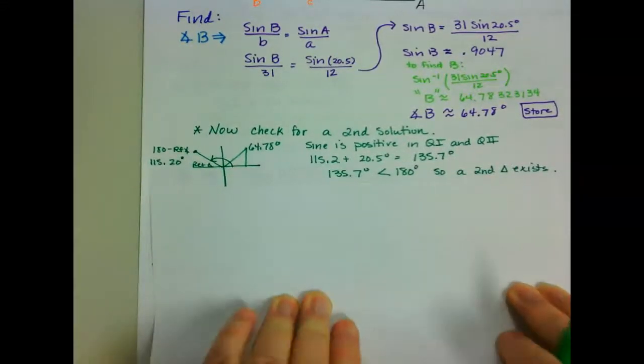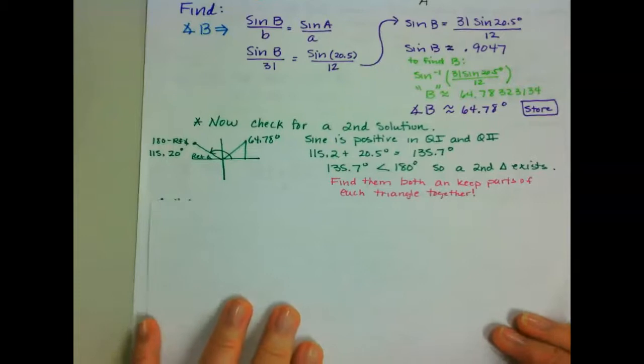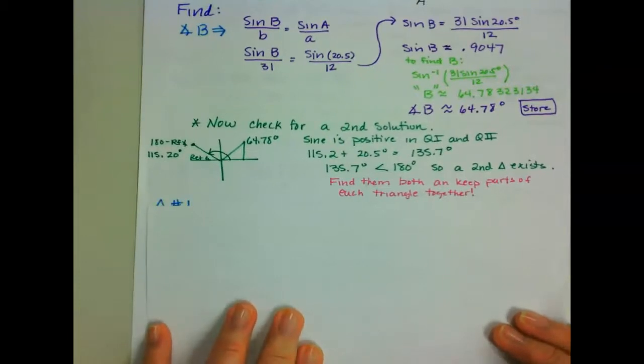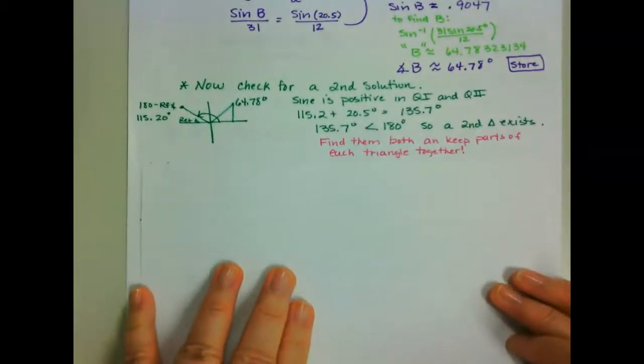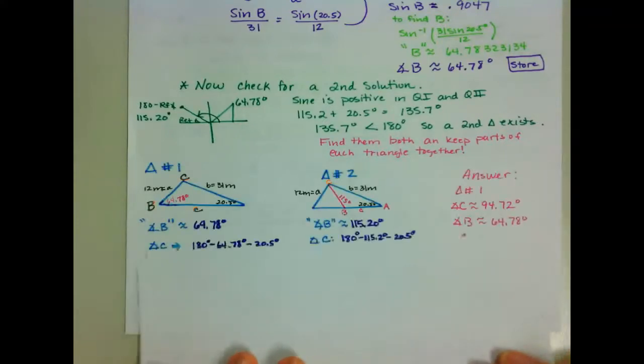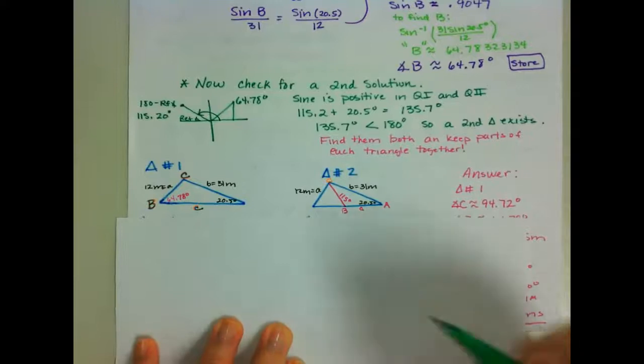All right, so we need to find them both, and we need to keep the parts of each triangle together with the other. So what I tend to do is I write down triangle number 1, triangle number 2, write down what I need to find in each triangle and make myself a little chart before I start. That helps me keep from confusing the information together. So this is what I mean by the two possibilities.